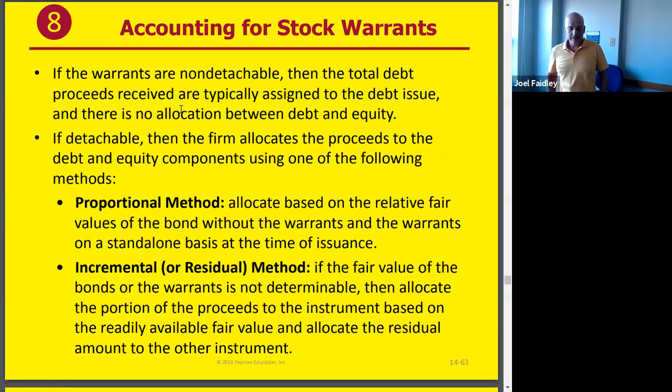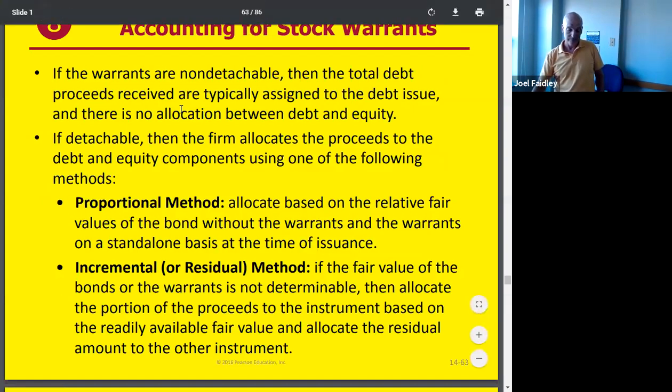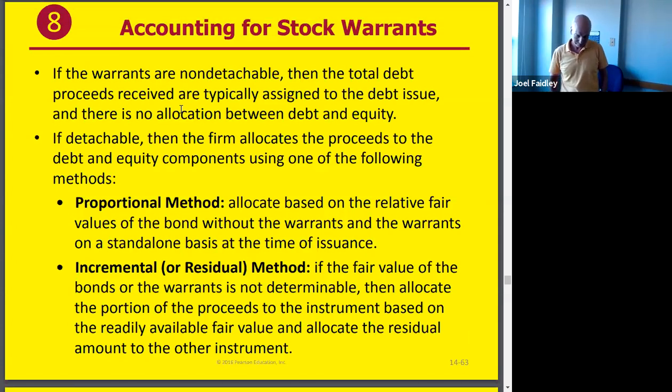If these warrants are detachable, you have two methods. We either use the proportional method or we use the incremental method. We use proportional whenever both the bonds and the warrants, or securities very similar to those, are currently being sold or traded in the market.